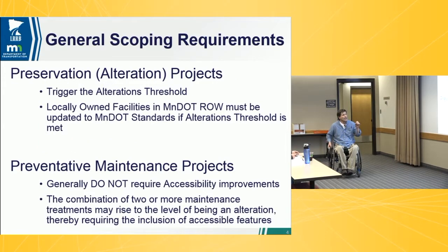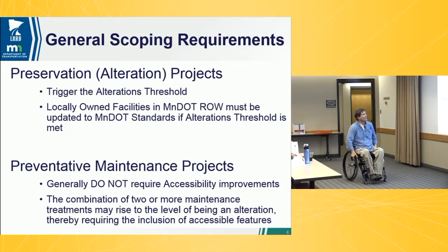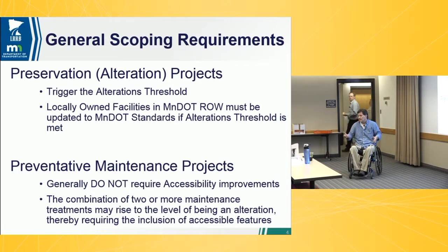Before I get into just that federal requirement, I'll throw in this little tidbit from our tech memo about what triggers the alteration threshold. It is preservation projects. But for example, MnDOT does have facilities in our right-of-way, usually LUPs, limited use permits. Quite often they could be trails within MnDOT right-of-way.